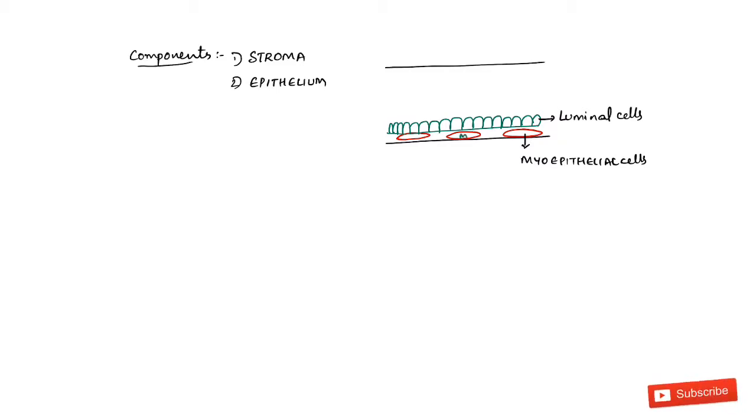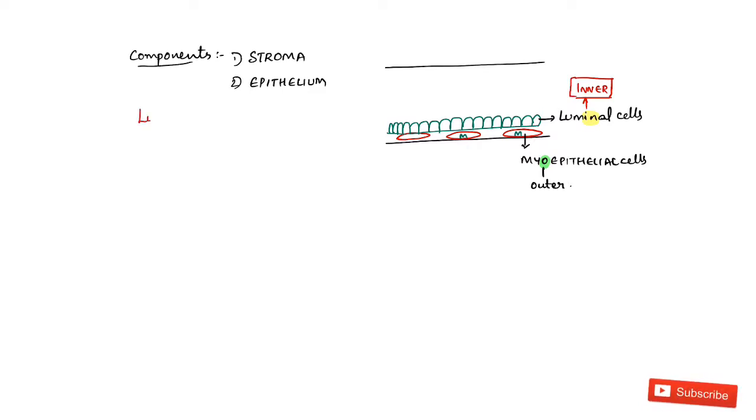When you look at the word, myo has an O, which indicates that it is located outside, the outer layer, and luminal has in, which tells you it is the inner layer. So the inner layer is the luminal cells and the outer layer is the myoepithelial cells.